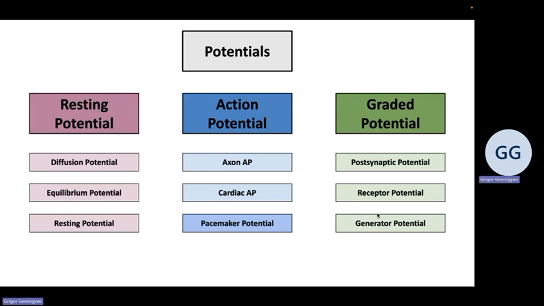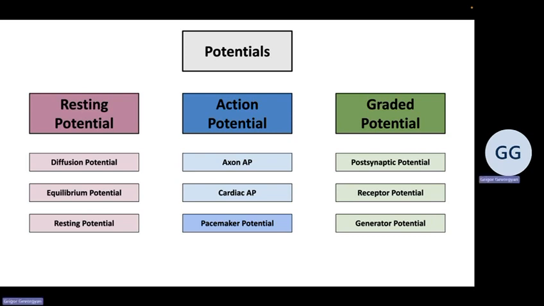With the potentials, we also have action potentials. This is basically the so-called excitable tissue potential, which is obviously the nerves and muscles.